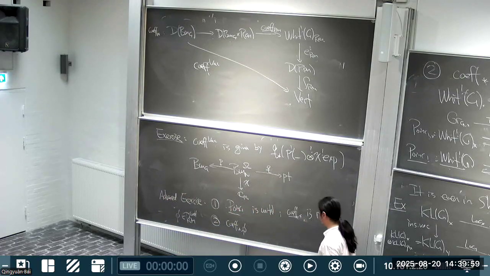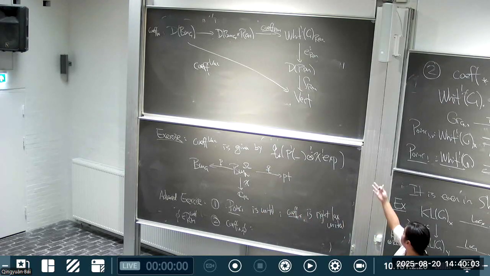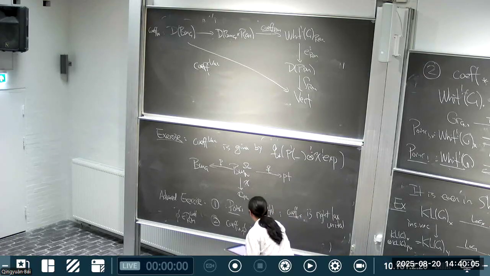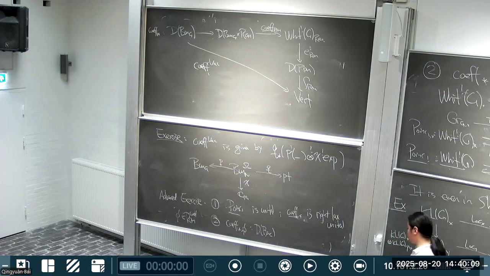I claim it is a function by definition from E of bar G, recall this E of bar G is viewed as a concentric fiber at any point of E of bar G, to the fiber of B at the empty point. What's that? What's the fiber of B at empty point?